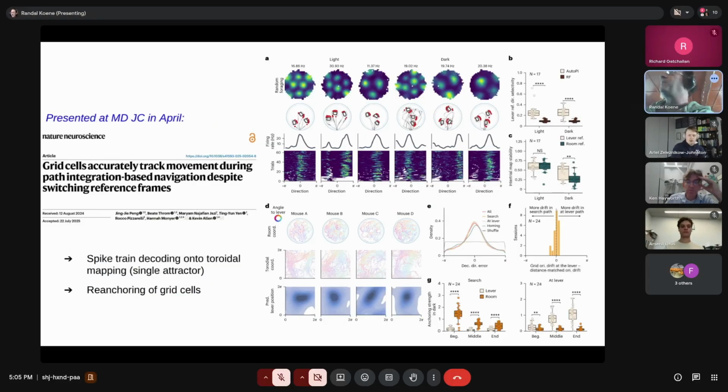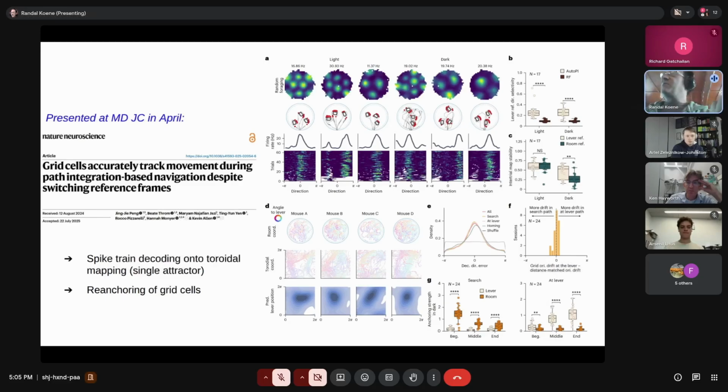The first is that it's possible to build a decoder where, if you translate grid cell firing by changing the coordinate system onto a torus, the grid cells no longer appear to be firing as grids, but instead they're firing as attractors on a torus, and grid cells that have similar grid activation are also nearby on that torus.